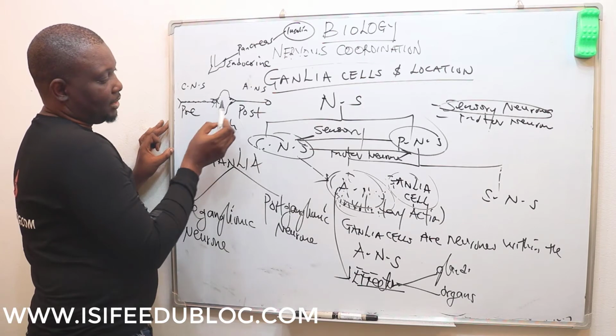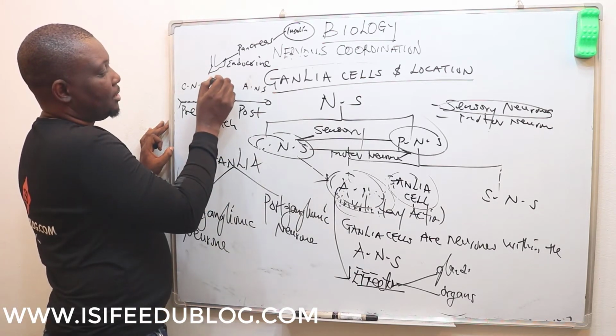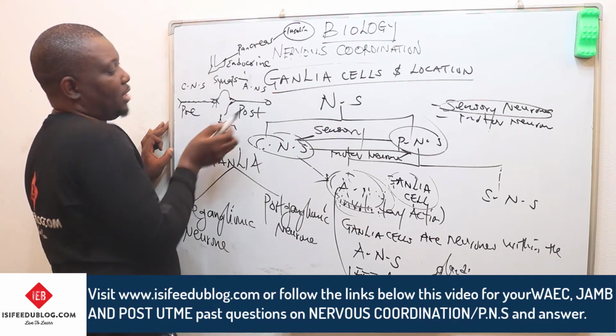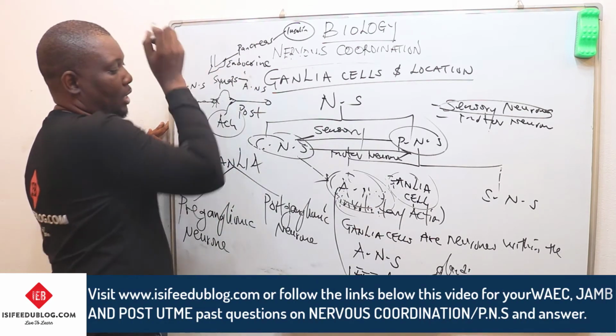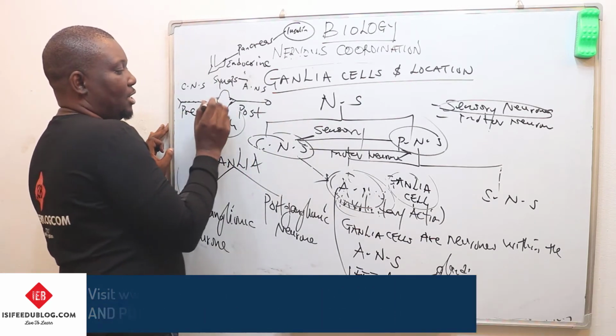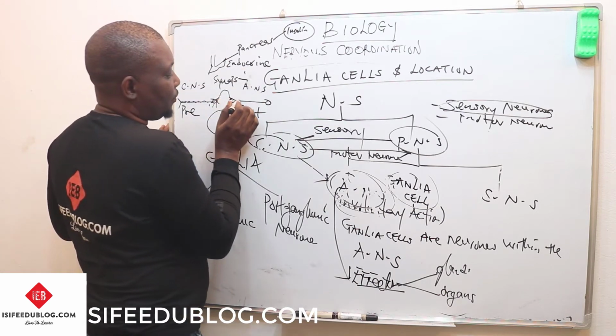The chemical substance will aid the jumping, or the synapsing, of one impulse to another. That's what the acetylcholine does.